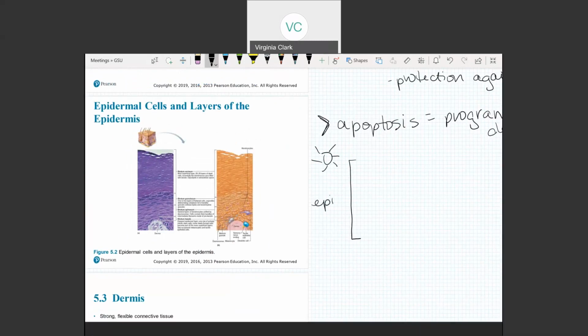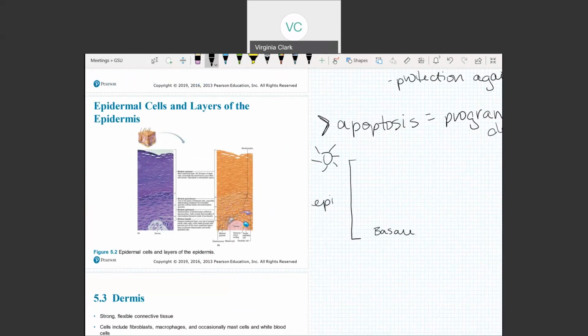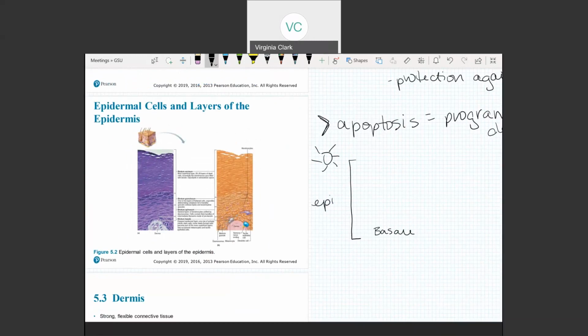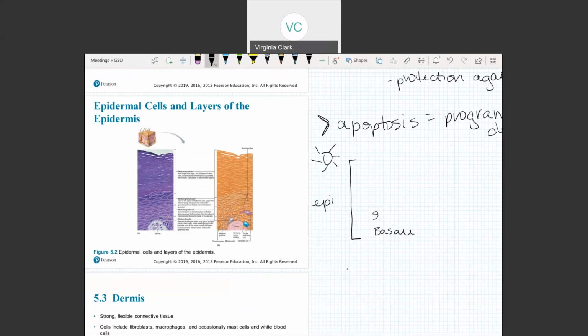From the bottom up, it's the stratum basale, stratum spinosum, stratum granulosum, stratum lucidum, and stratum corneum. So this is going to be your epidermis. This direction is internal or deep, and this is external.